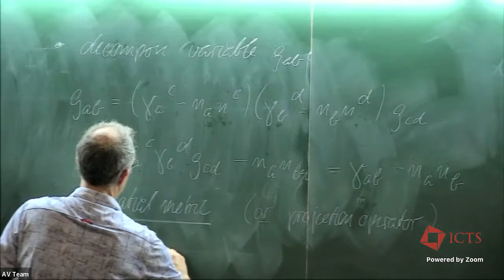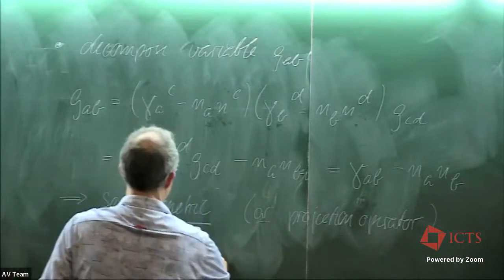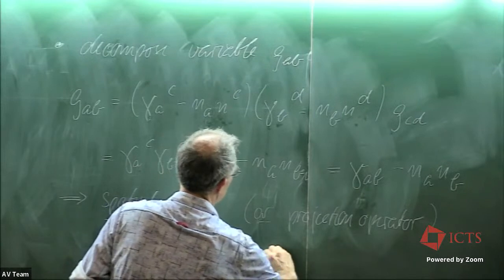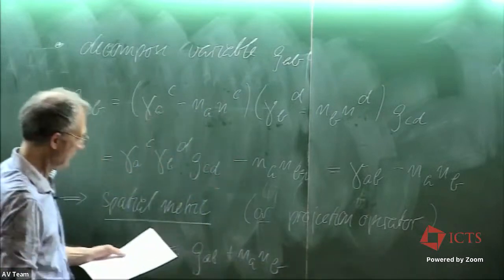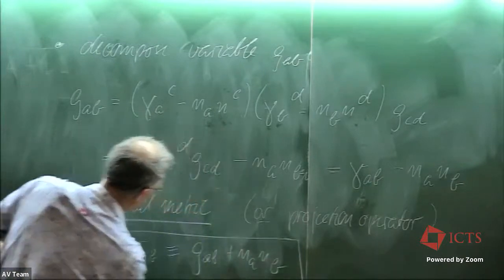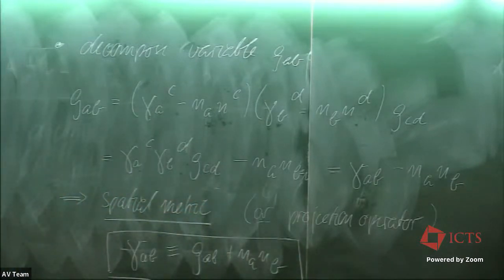Gamma AB is GAB plus NA NB. That is the metric on our spatial slices. It's the same as what we previously referred to as the projection operator, okay?